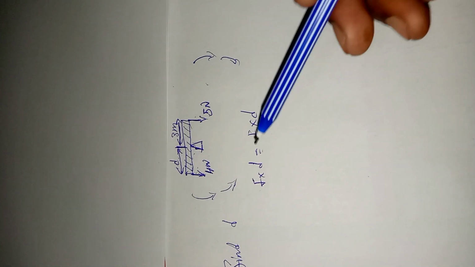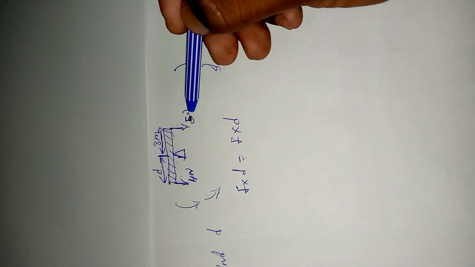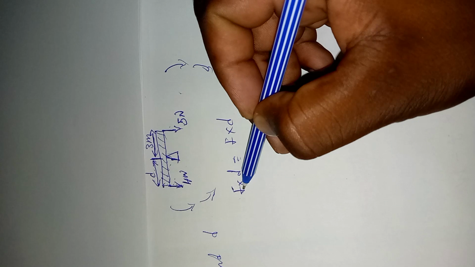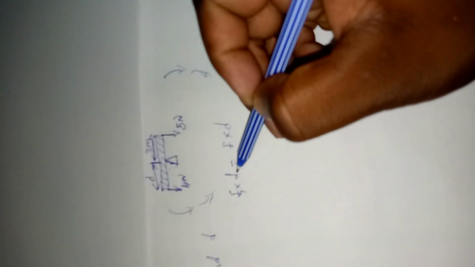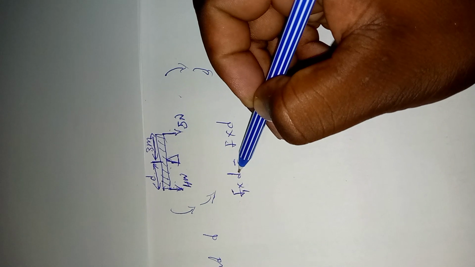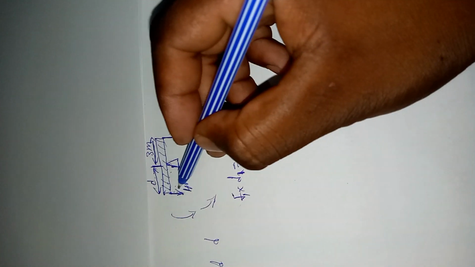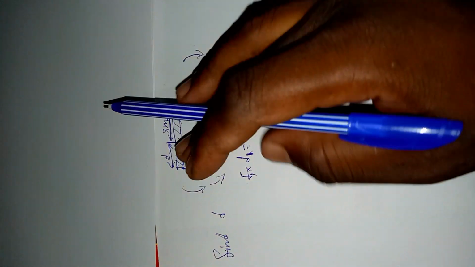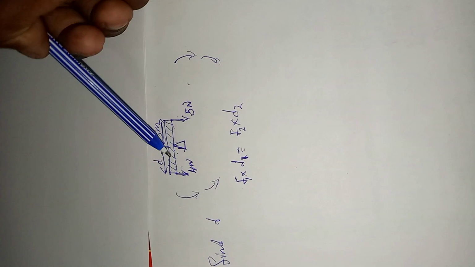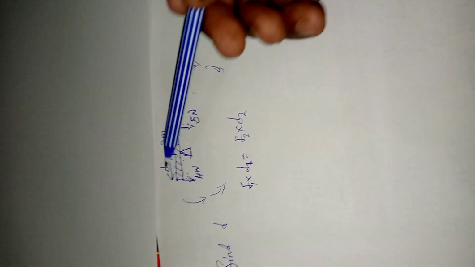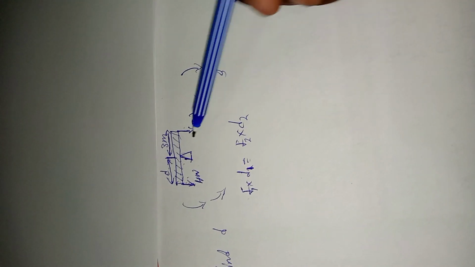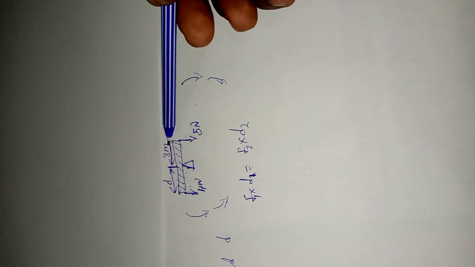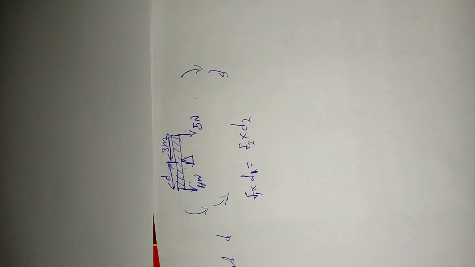Let me say this clockwise one is force 1, distance 1, and this one is force 2, distance 2. Or you say, no problem, let me start with this side, force 1 and distance 1, and force 2 and distance 2. That's how it goes.